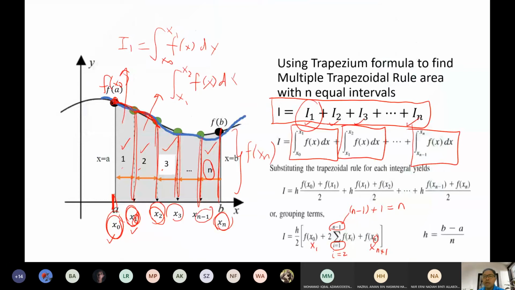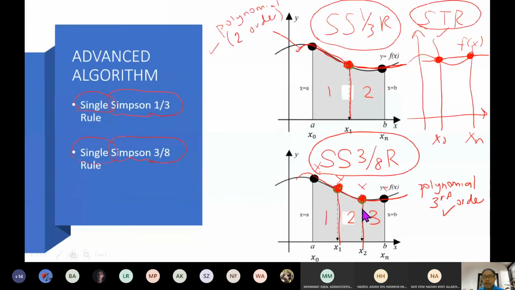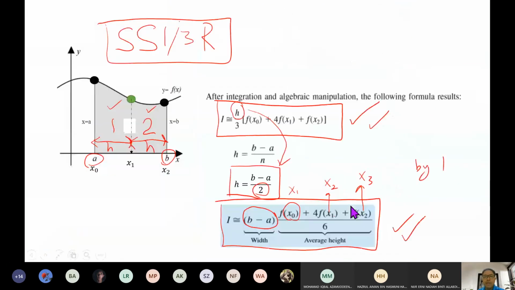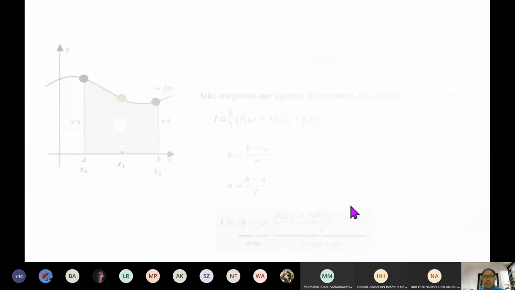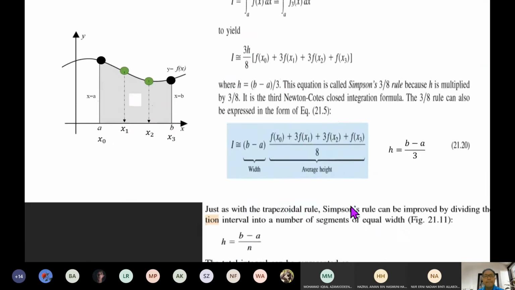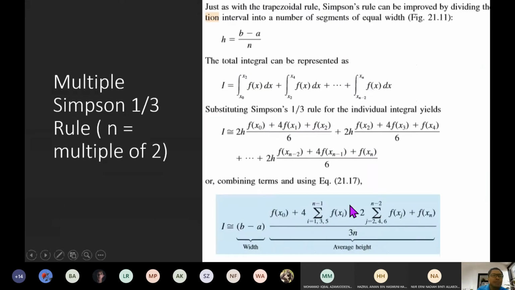So now I will do the explanation on multiple Simpson 1/3 rule. In this multiple Simpson 1/3 rule, we will divide our integration area. Let's say this is your graph in the multiple of 2.